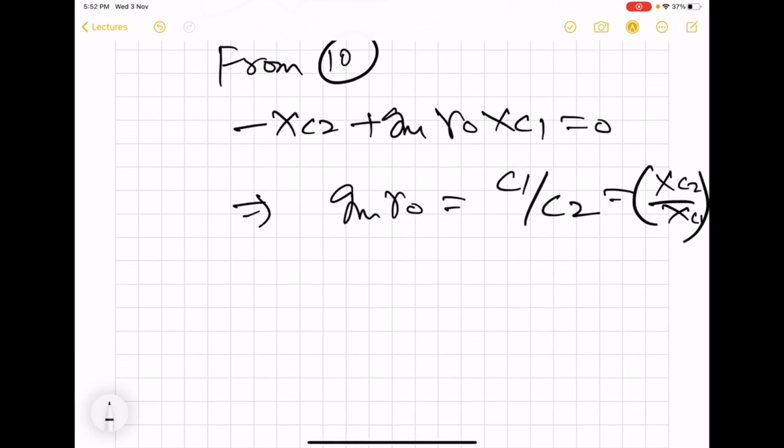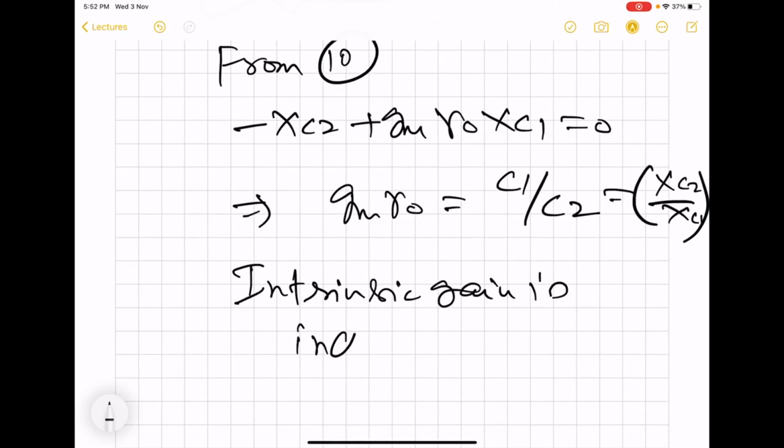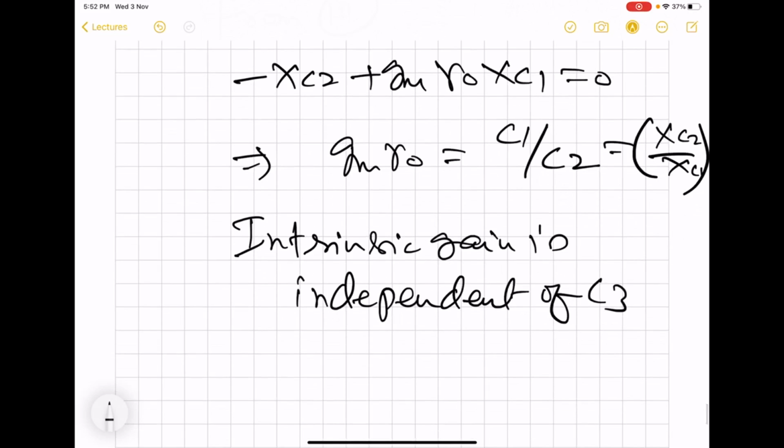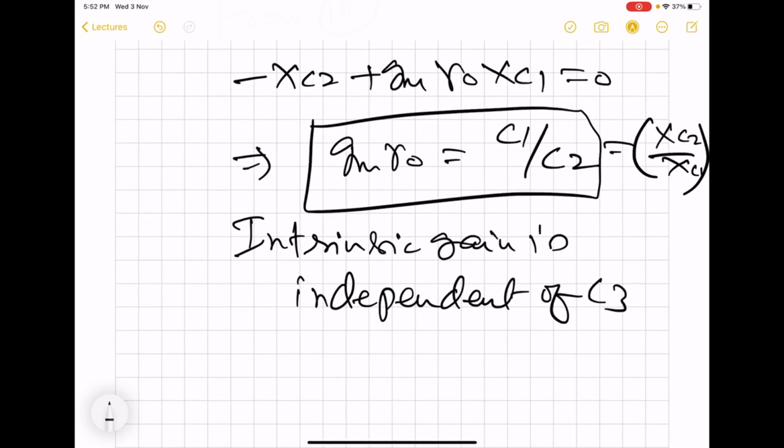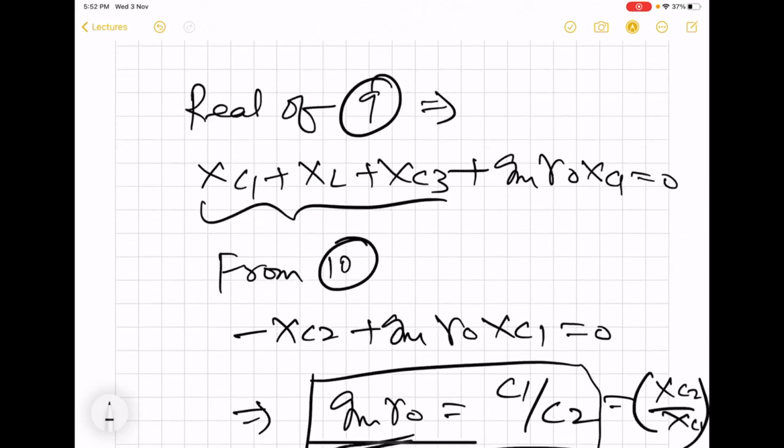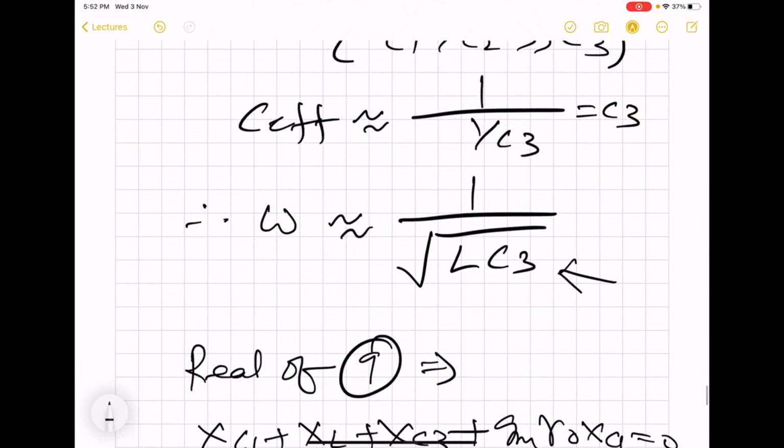So we see that the intrinsic gain is independent of C3, and it depends only upon C1 and C2. So one can choose C1 and C2 to determine the intrinsic gain, and one can then choose C3 to find out the oscillation frequency.